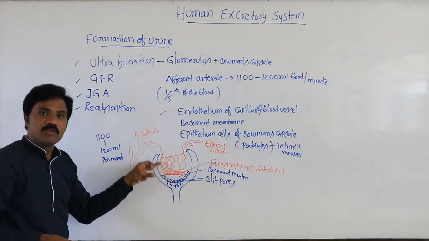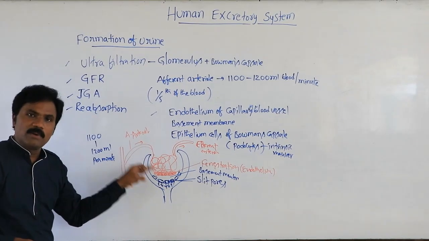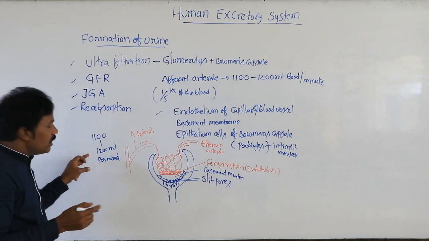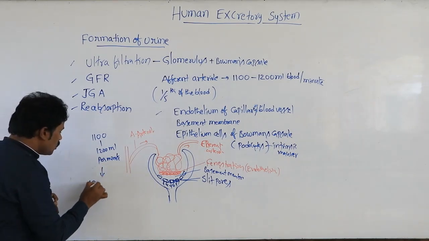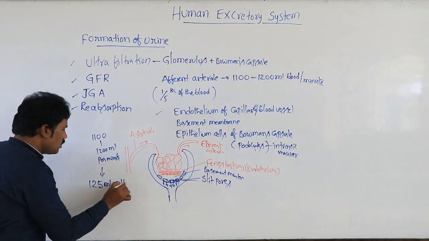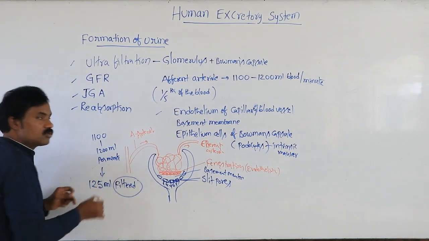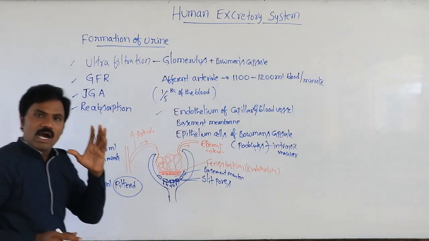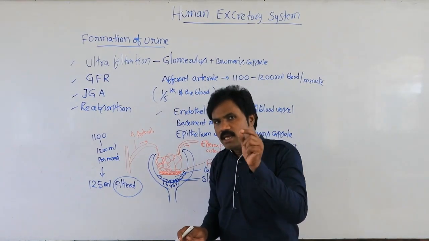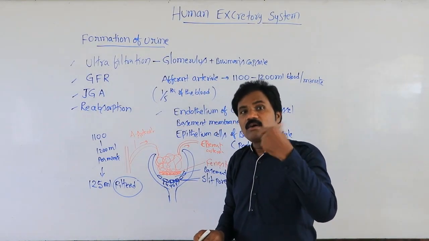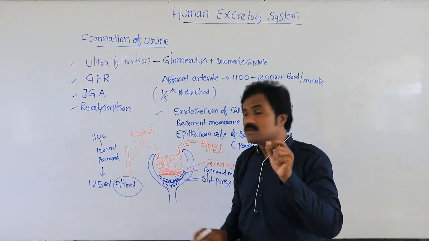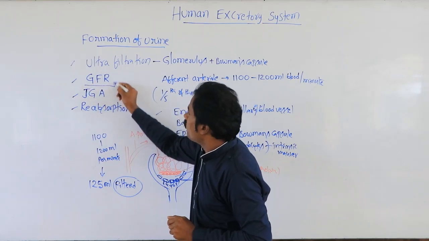Of that particular amount of blood, how much will be filtered? Among the 1200 ml, 125 ml of blood is filtered. The amount of filtrate formed by the kidney per minute is what we call the glomerular filtration rate.